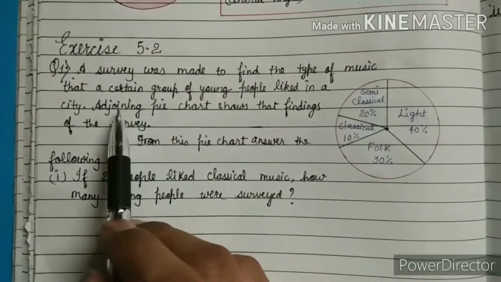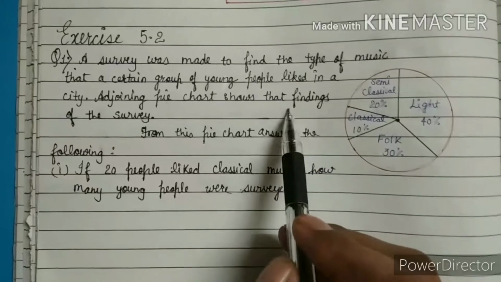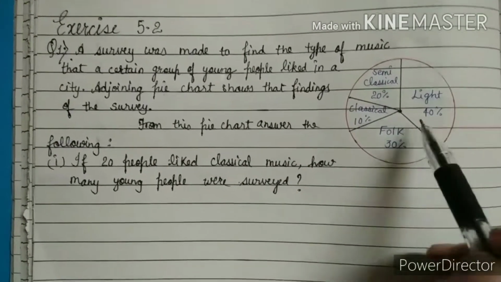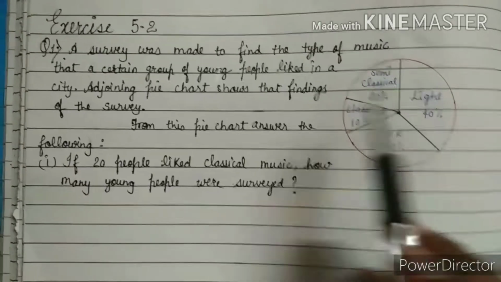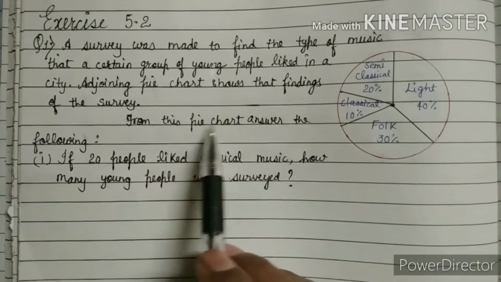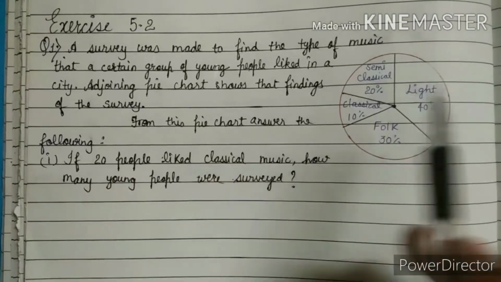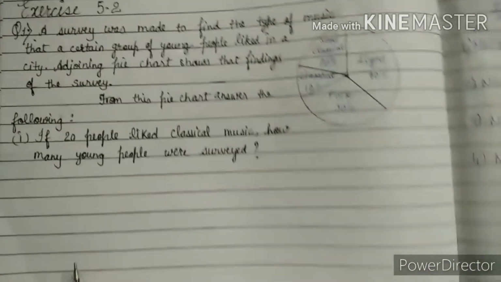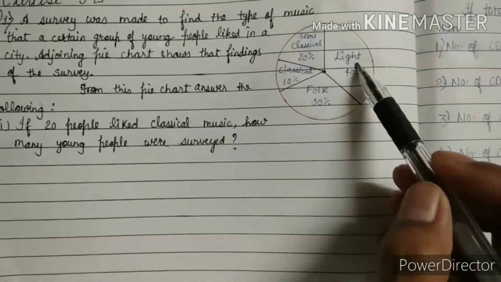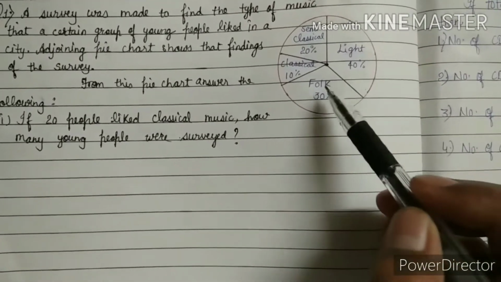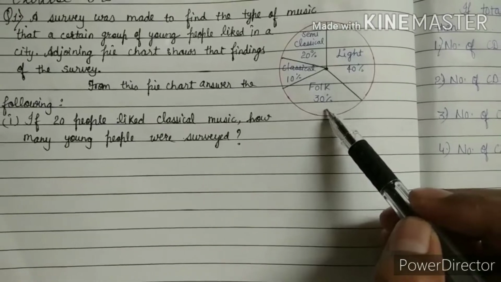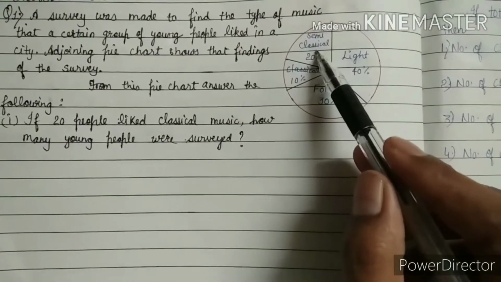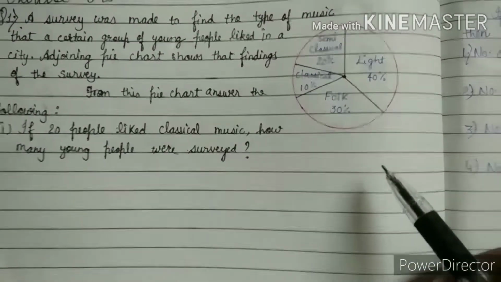The adjoining pie chart shows the findings of the survey. Adjoining means this figure, where we have to see which music is liked by young people. From this pie chart answer the following. So we have to study the figure and after that give the answer. Light music is liked by 40%, folk music is liked by 30%, classical music is liked by 10% and semi-classical music is liked by 20%.